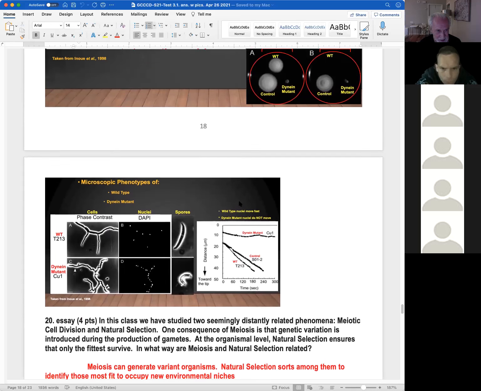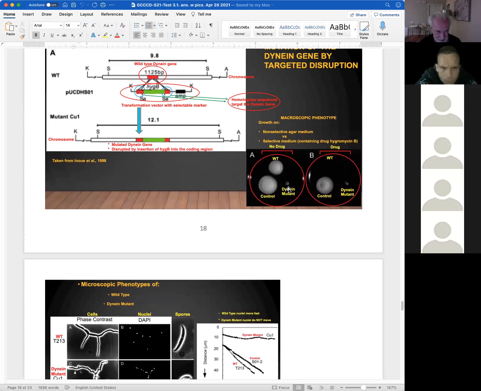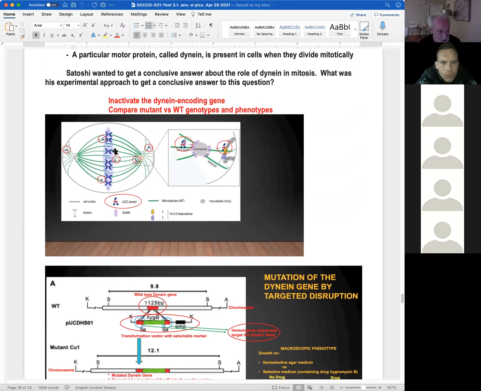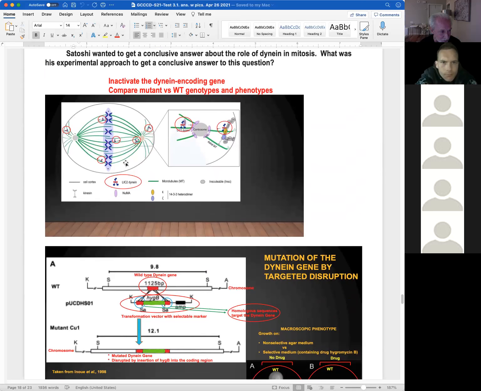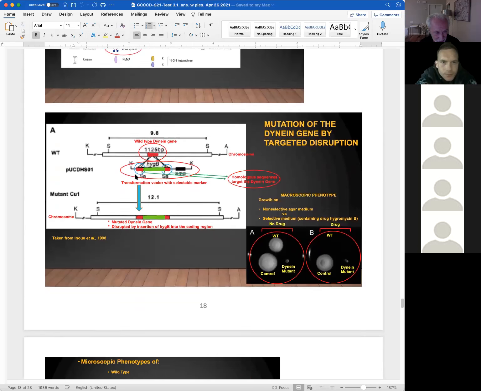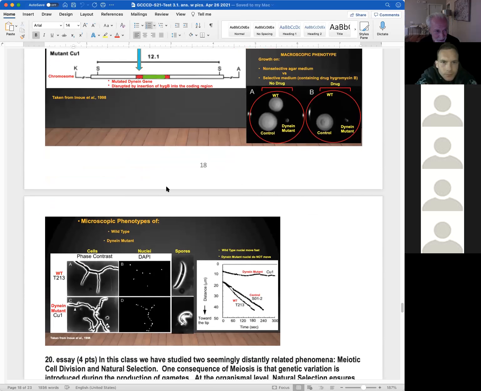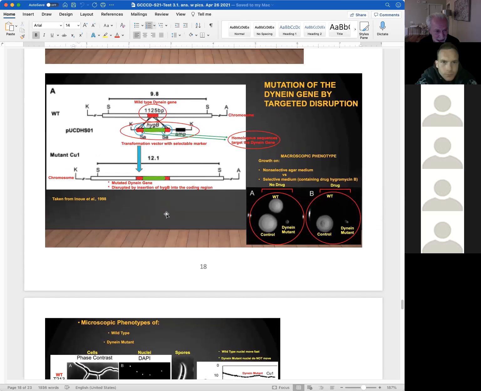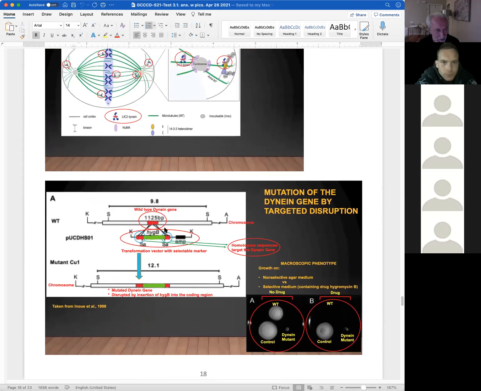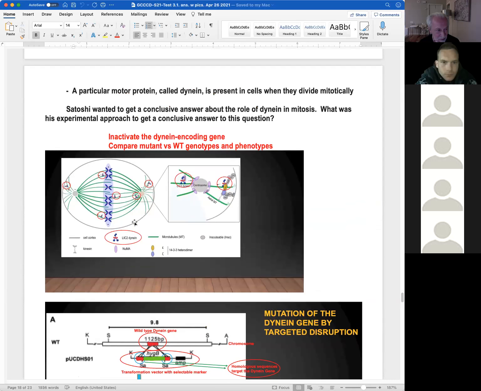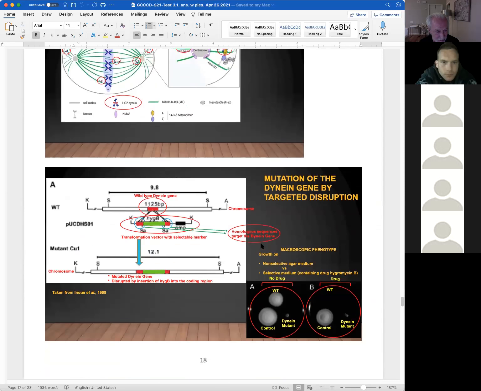So that is why there's such a little bit of growth here, is that mitosis is just barely happening. There are very few cell divisions because there are no motors or very few motors. So that allowed Satoshi to define conclusively what's the role of dynein in mitosis.